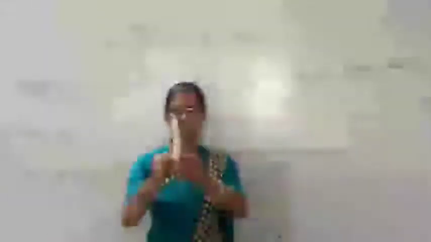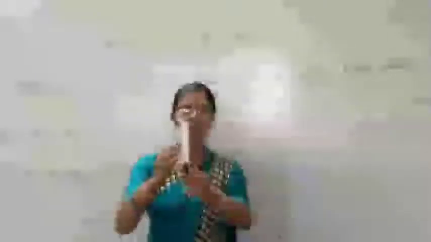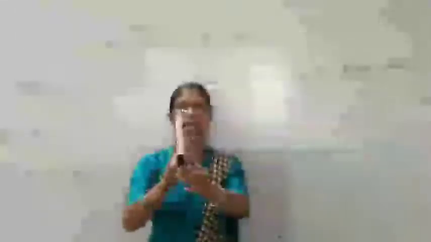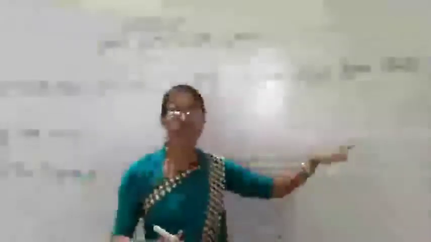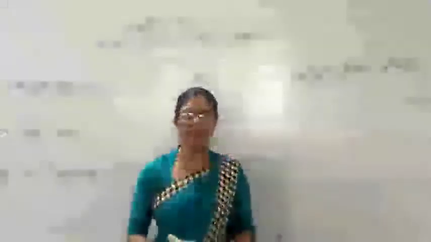When we are seeing the object from the front side, means direct, like this. So this is object position. So I am seeing this one directly, that is front side, front view, elevation. So when we see the object from front, that one we call it as front view or elevation.